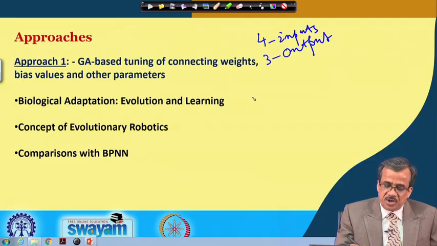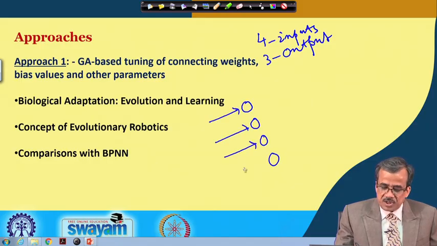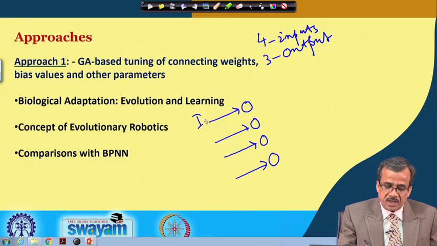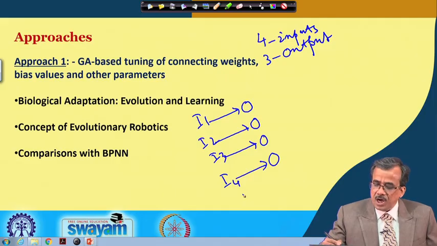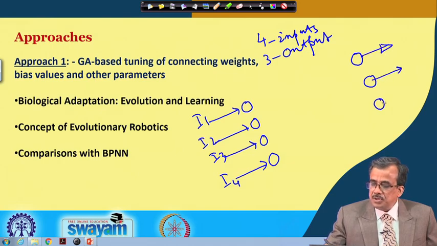Now, if I concentrate on the input layer, there will be 4 neurons. So, these are the neurons on the input layer. Say I have got 4 inputs like I1, I2, I3 and I4, and on the output layer there will be the three outputs, that is nothing but O1, O2 and O3.